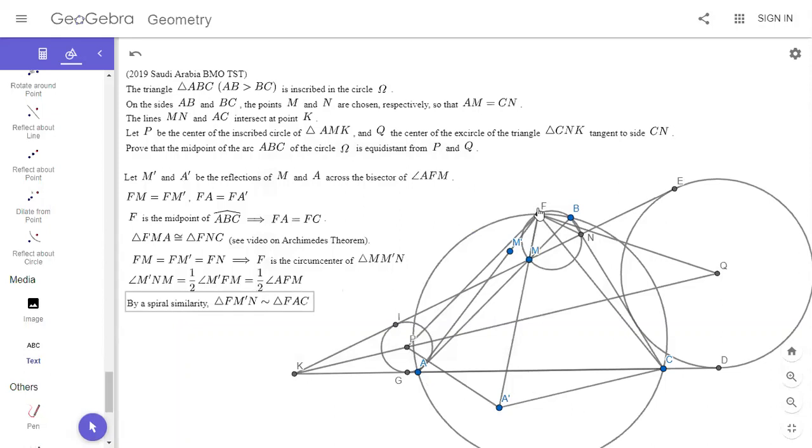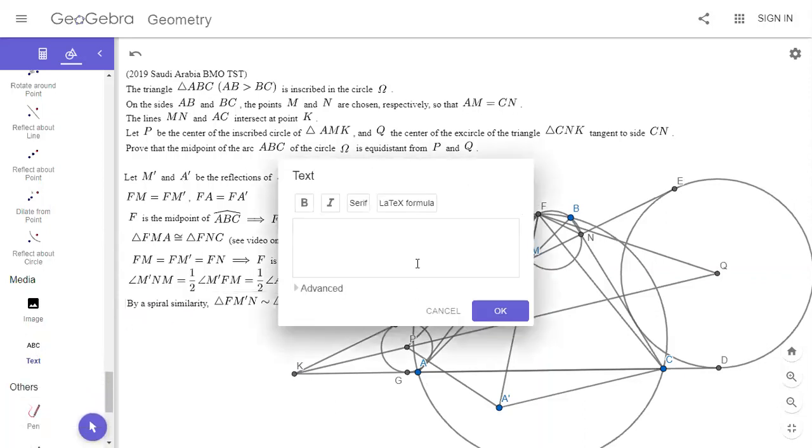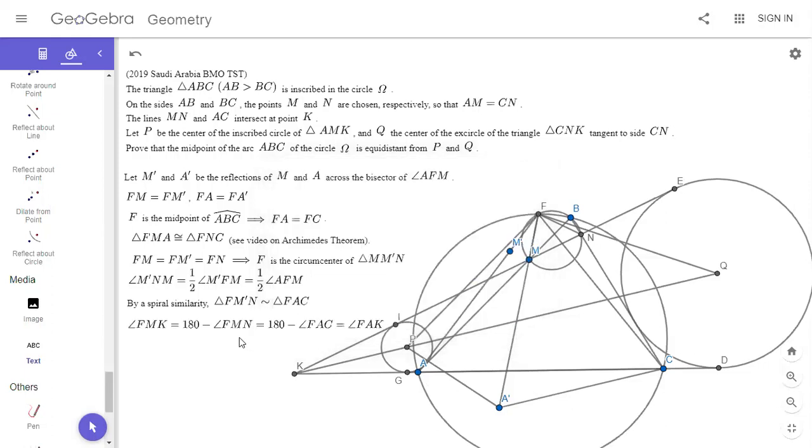And so that means that FMAK is cyclic because... so FMAK is cyclic.